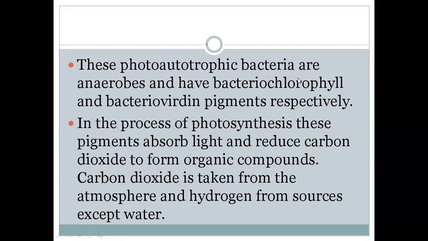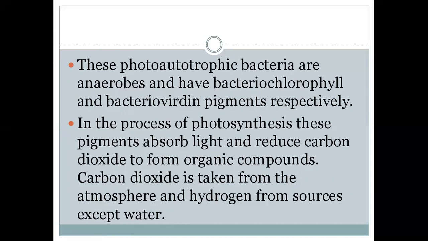These photoautotrophs are anaerobes and have bacteriochlorophyll and bacterioviridin pigments respectively. So these organisms have pigments called bacteriochlorophyll and bacterioviridin. In this process, these pigments absorb light and reduce carbon dioxide to form organic compounds. Carbon dioxide is taken from the atmosphere and hydrogen from sources except water.